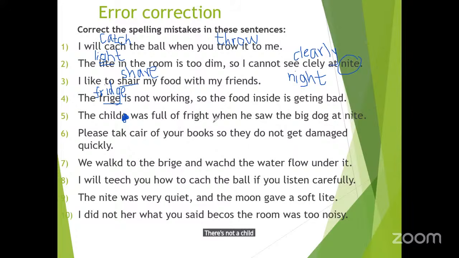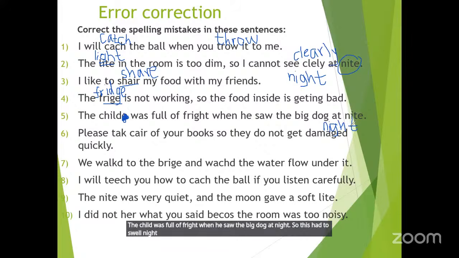Then fright. The night. Night is N-I-G-H-T. The child was full of fright when he saw the big dog at night. So this is how to spell night. Please take care.